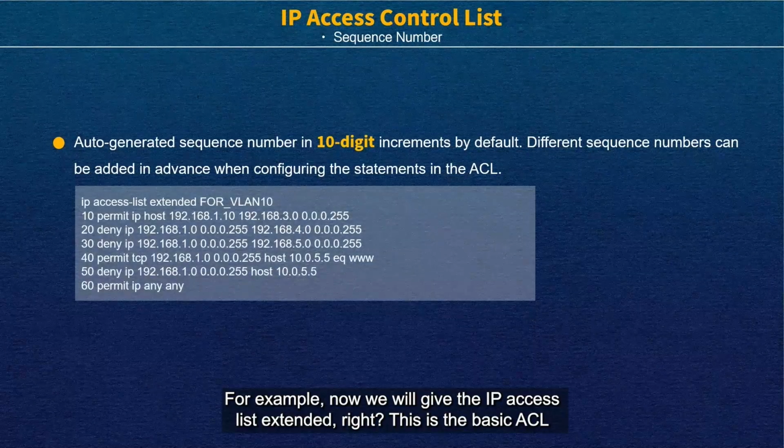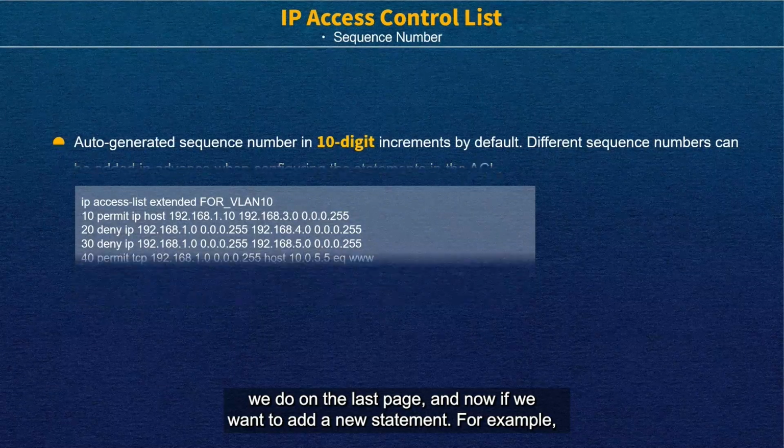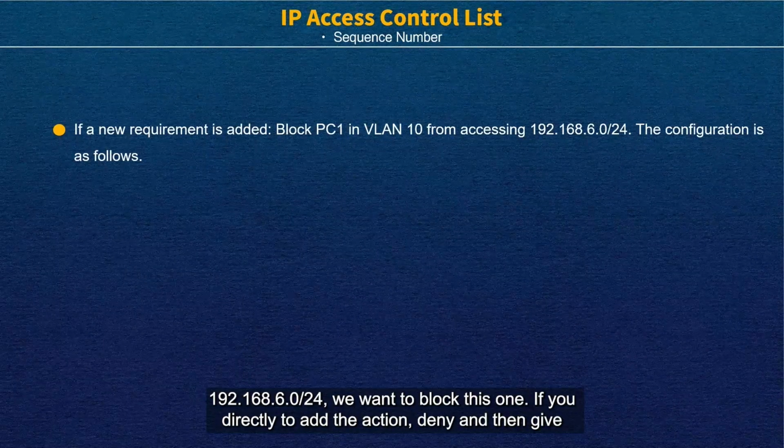For example, now we have the ip access-list extended, right? This is the basic ACL we built on the last page. And now if we want to add a new statement, for example, a new requirement is added. We want to block PC1 in VLAN 10 from accessing 192.168.6.0/24.